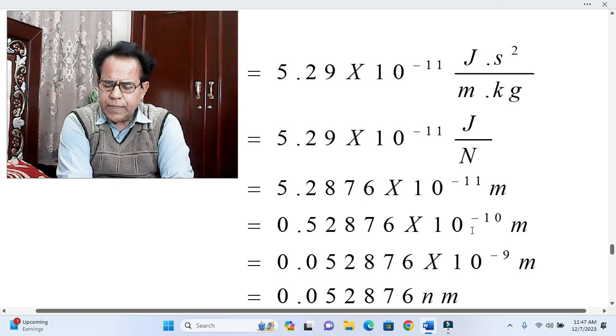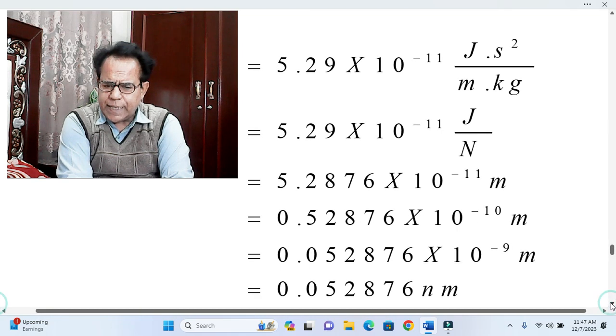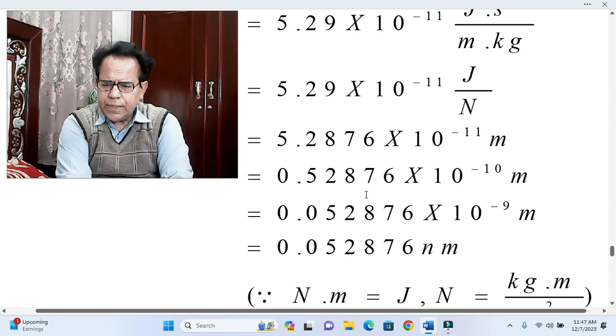In the next step, 5.28 becomes 0.5. If we write it in this form, then this will be converted into 10 raised to the power minus 10 in the place of minus 11.